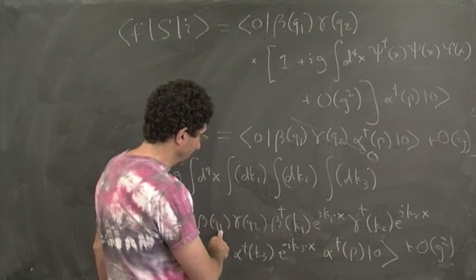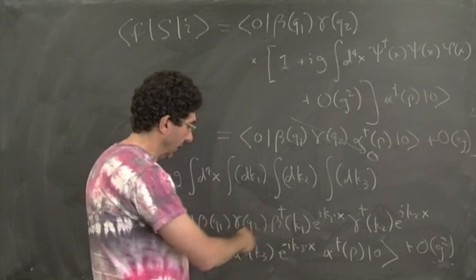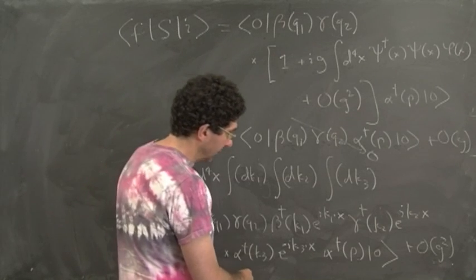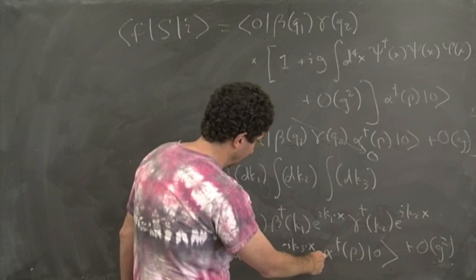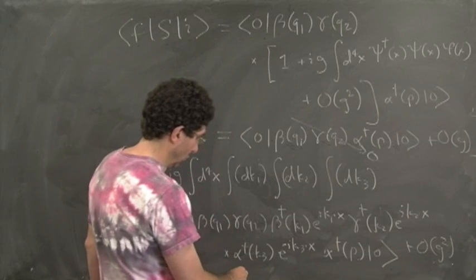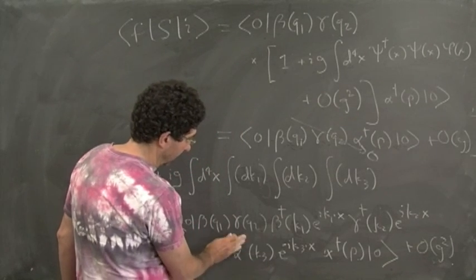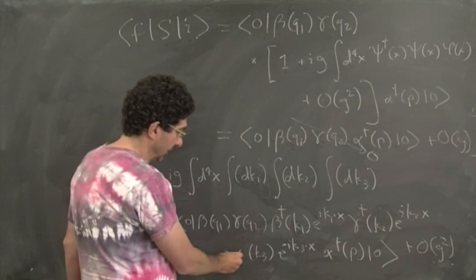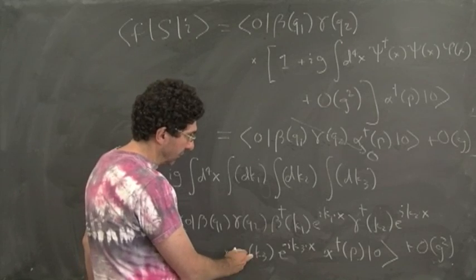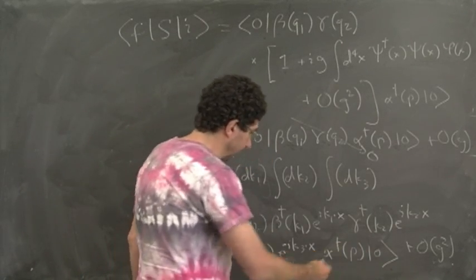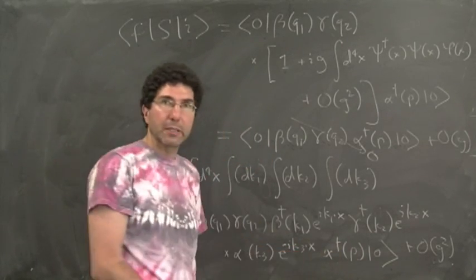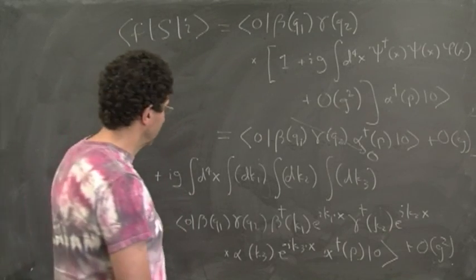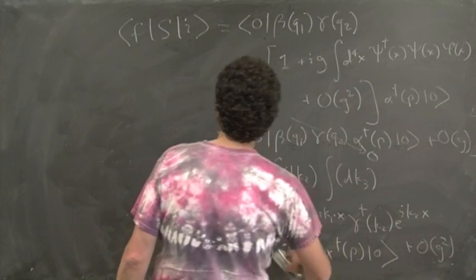That will give me a term with a Q1 K1 delta function. And similarly, this alpha guy, sorry, this should be alpha, not alpha dagger. Moving this alpha past this alpha dagger will also give me a delta function of P and K3, okay? So actually, this is just going to give me a whole bunch of delta functions.